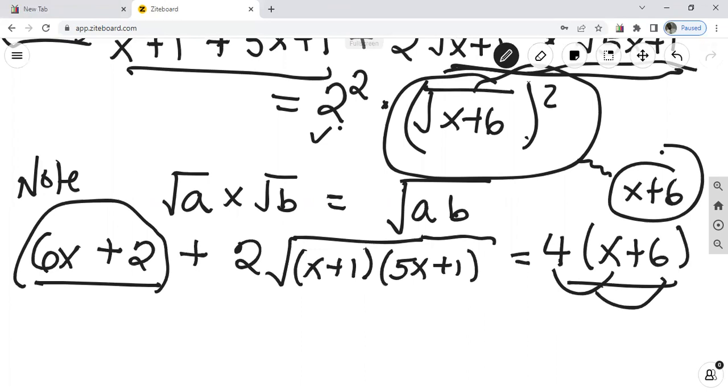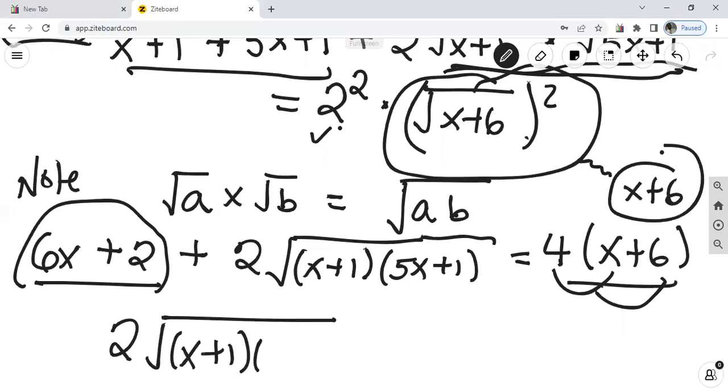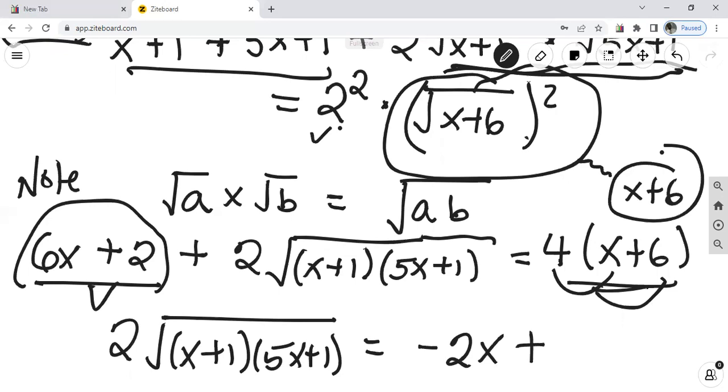And if you simplify that, you will observe that you get 2 square root of x plus 1, 5x plus 1 equal to the right-hand side, knowing that this will interact with the right-hand side of the equation, and then simplifying, we get minus 2x plus 22.